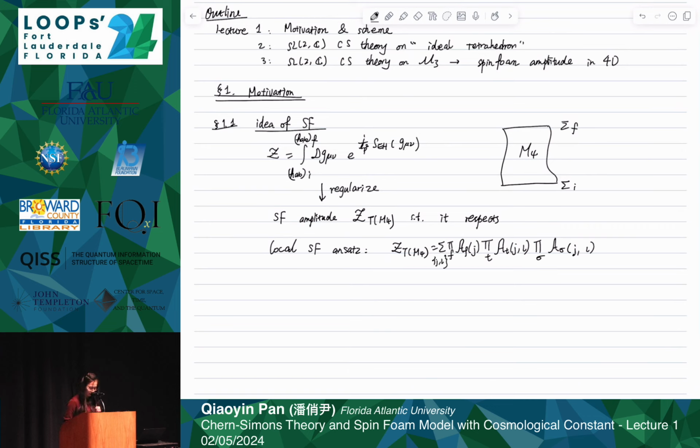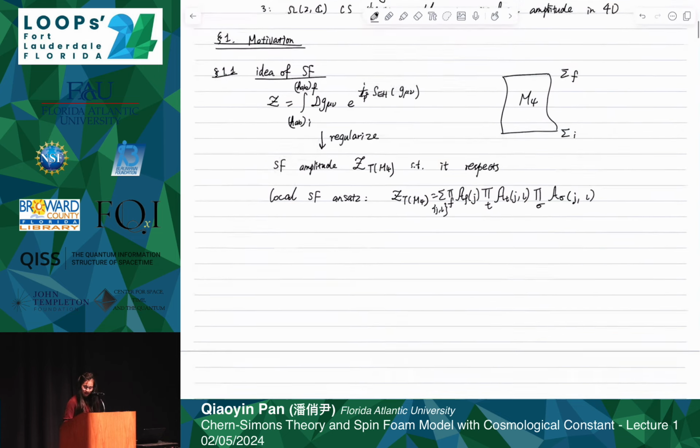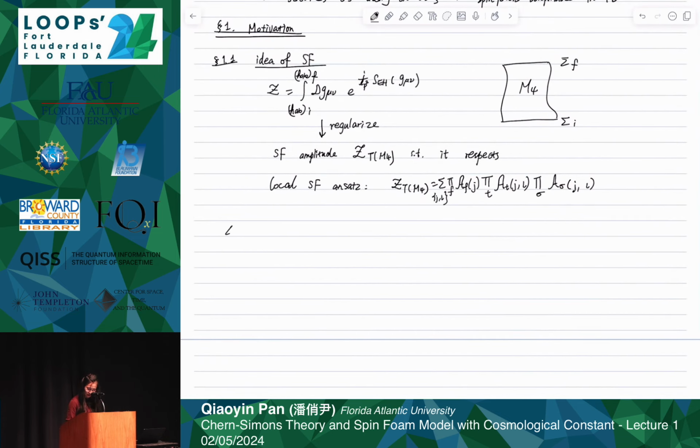This is the local spin foam ansatz, and in 4D spin foam, we are more familiar with the spin foam model with zero cosmological constant. Here I will just refer to the EPRL, one of the most studied spin foam models in 4D.